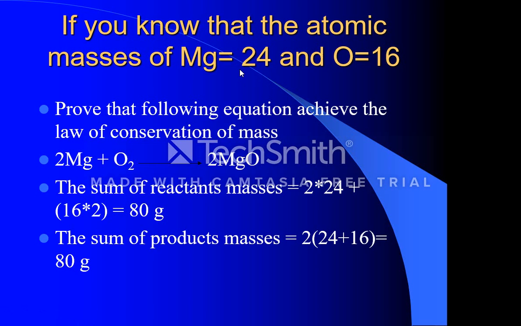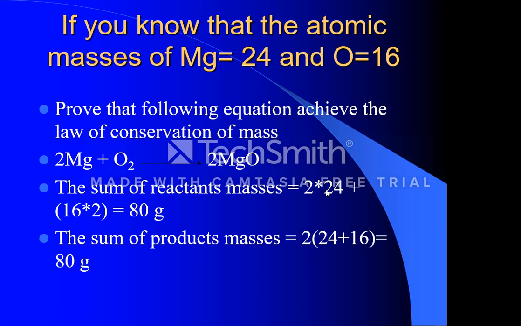Okay? Plus O2 means O equals 16, and we have 2 atoms of oxygen. That's why we have 16 times 2. The sum of reactant masses here is 80. 2 times 24 plus 16 times 2 equals 80 gram.